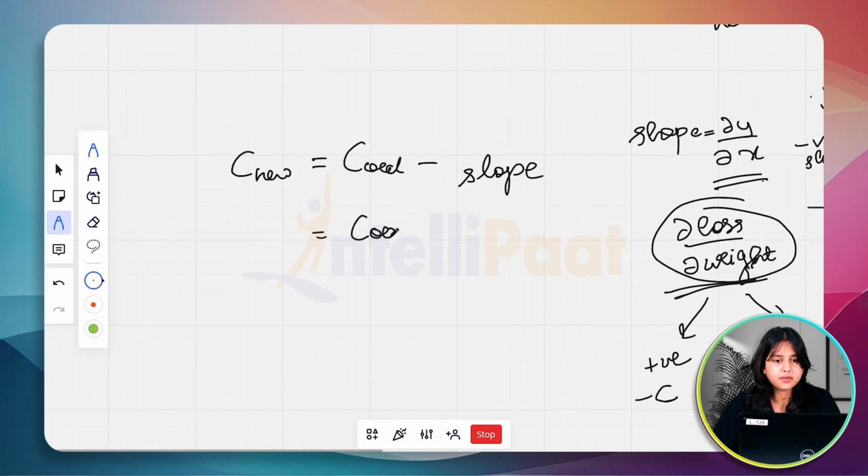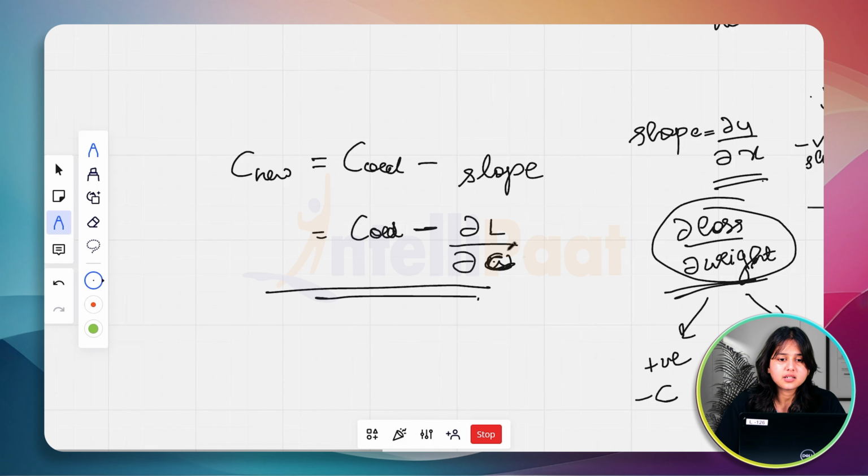So we can say, minus delta loss by delta weight. Our weight over here is C, right? But this formula here is a little incomplete. Let me tell you why.